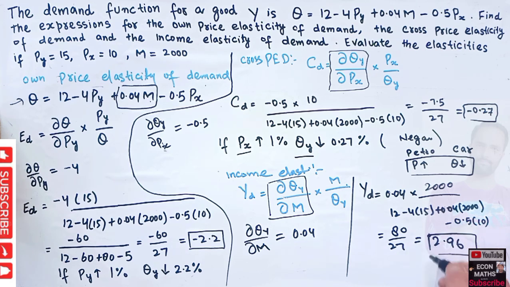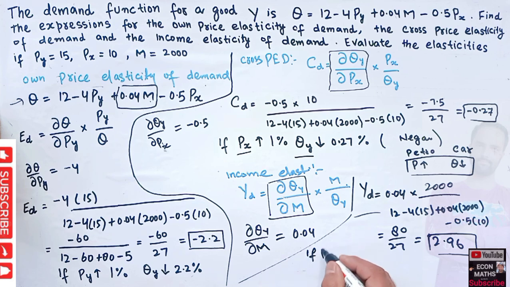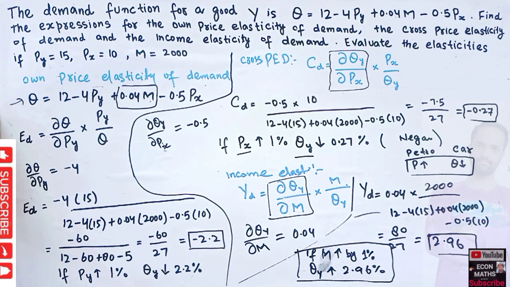That means this is our income elasticity of demand, and it simply tells us if income increases by 1%, the quantity demanded of good Y will also increase by 2.96%. That means there is a positive relationship between income and the quantity demanded of good Y, which is authenticated by the positive sign of this income elasticity.